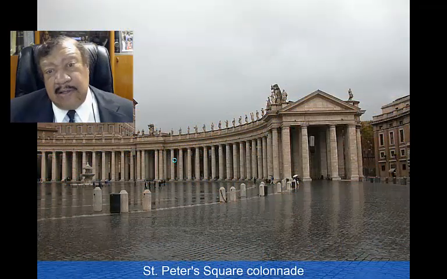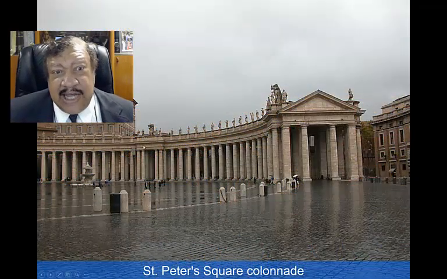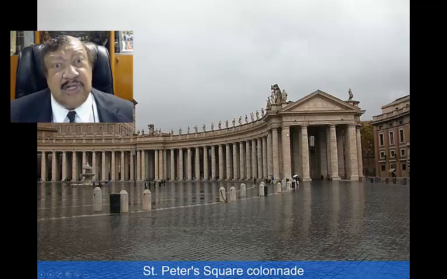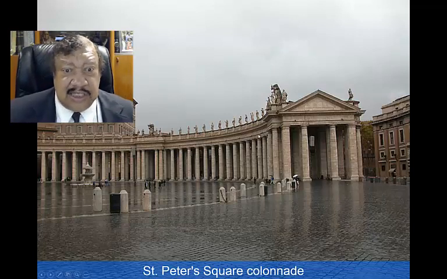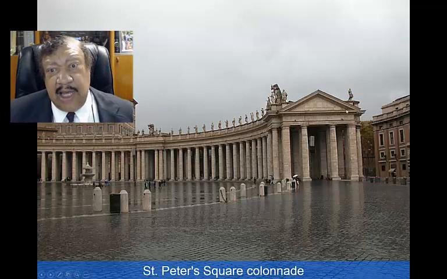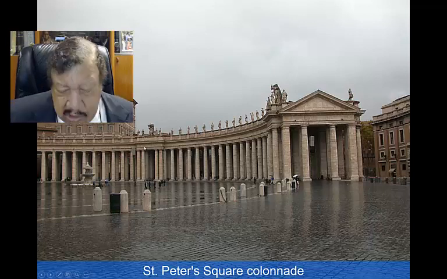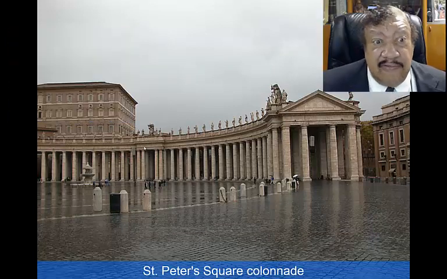When we go around St. Peter's, we see this arcade. This was given to us by the Romans. The concrete gave us the pediment, the post here, but this arcade was all through the use of Roman architecture.